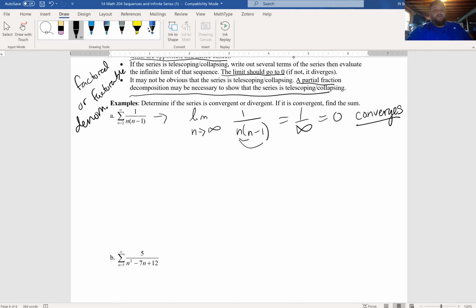So let's do the decomposition. I would need A over n plus some B over n minus 1. These are both linear distinct factors. And this has to equal 1 over n times n minus 1.